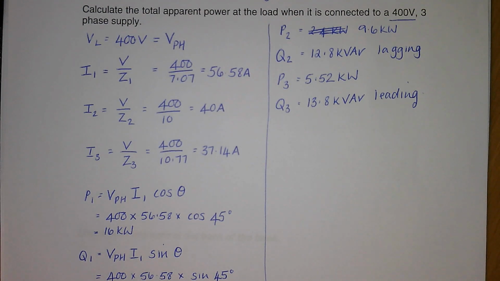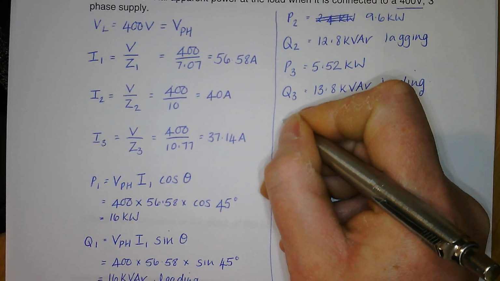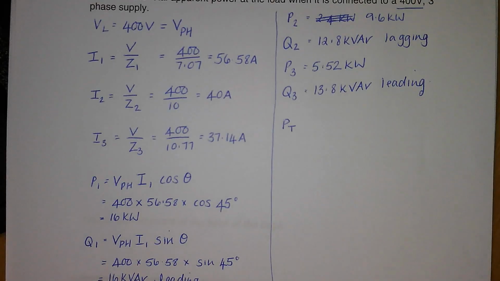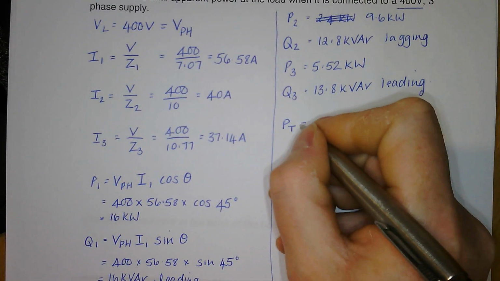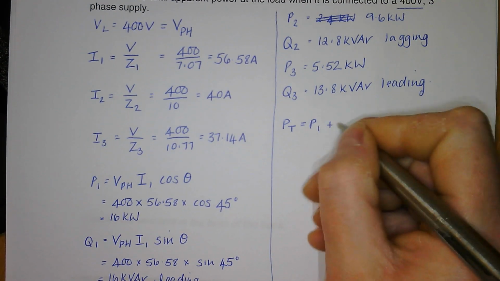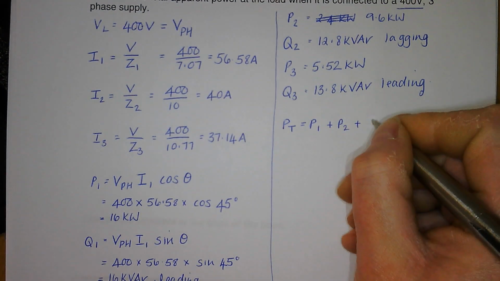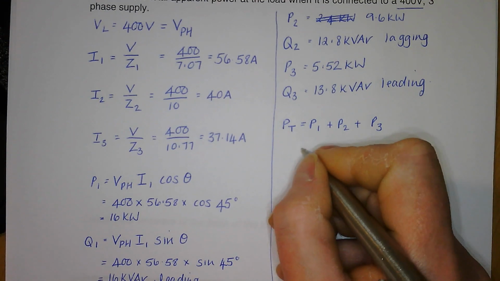So when you look to get your total power, in terms of true power it's easy enough. You just do P total and you add your P1, your P2 and your P3, three phases. Quite easy.